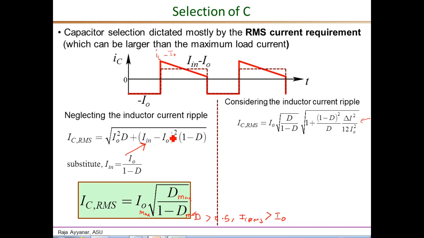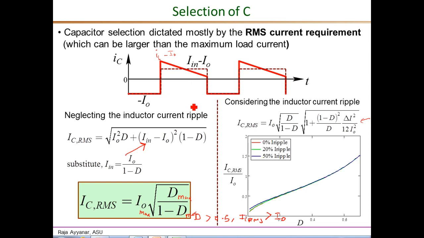Now, to see how good an approximation this square wave way of calculating RMS is, let's look at the plot of this complete expression versus this approximate expression for different values of delta I. So consider delta I to be 0, which is the original derivation, and then 20% of the average inductor current, and another case where delta I is 50% of the average inductor current.